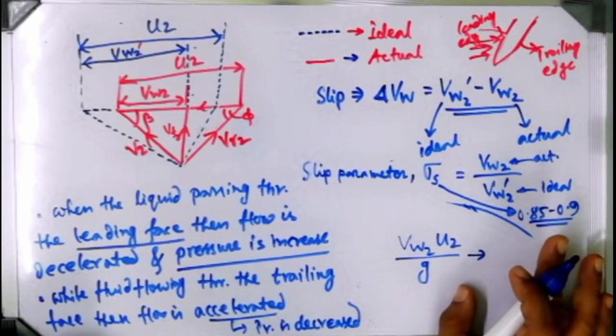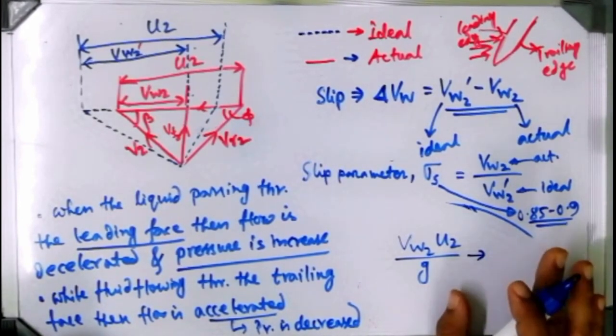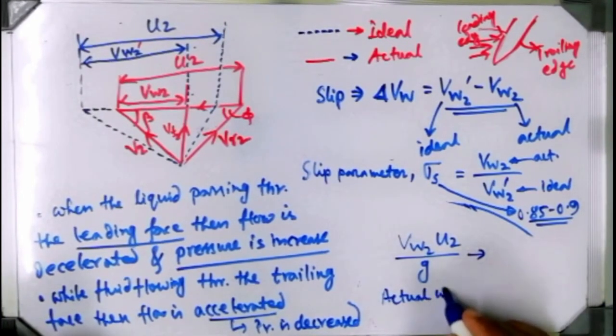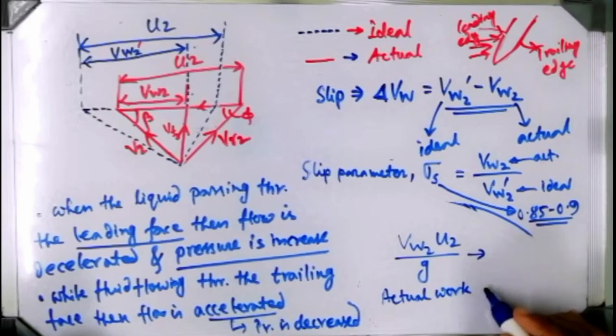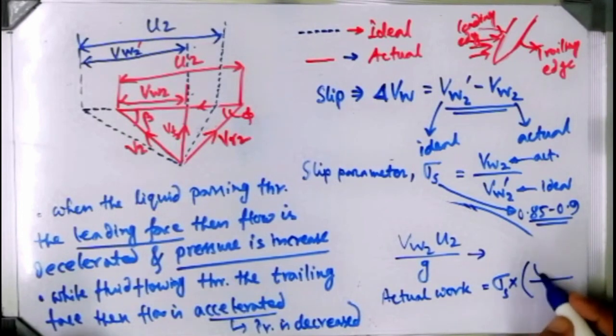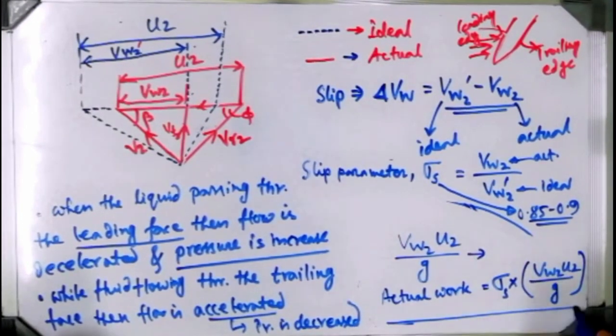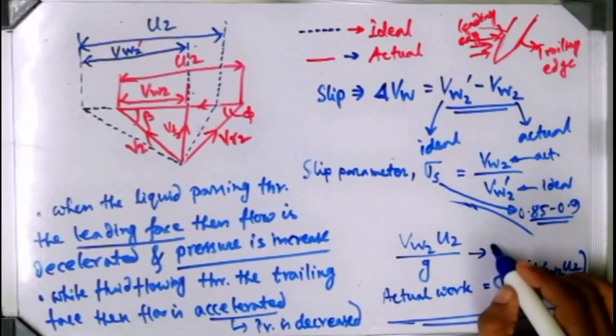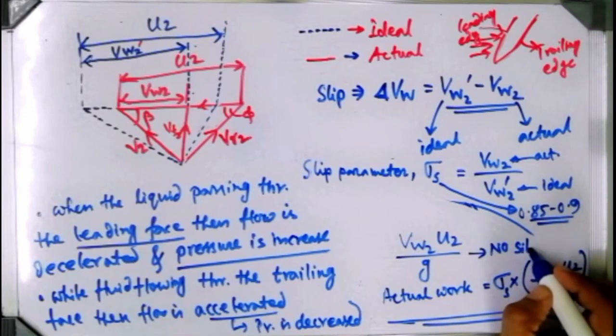But if we consider that some slip is there, then the actual work imparted by the impeller on the fluid will be written as sigma s multiplied with this parameter VW2 U2 by g. Then you will get the actual work if you consider the slip. If no slip is there, then you can consider this expression.